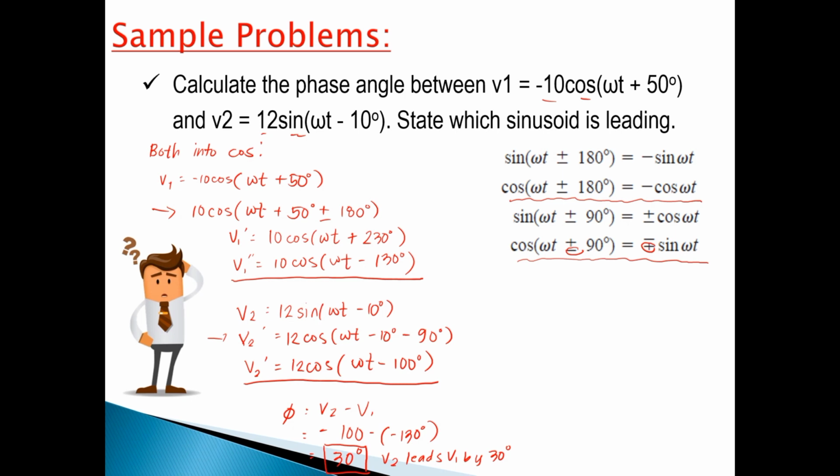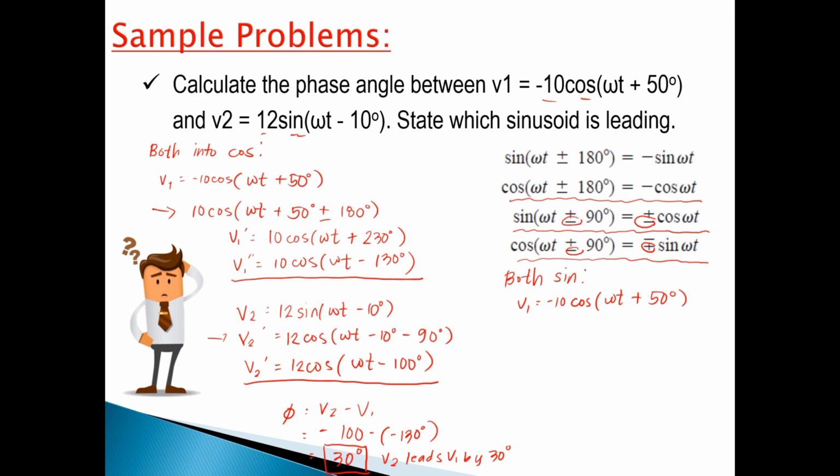And if we want to use both in sine, so let's see, both sine. Our V1 equals negative 10 cosine of omega t plus 50 degrees. So negative cosine to sine, we will consider the sine minus 90 degrees.